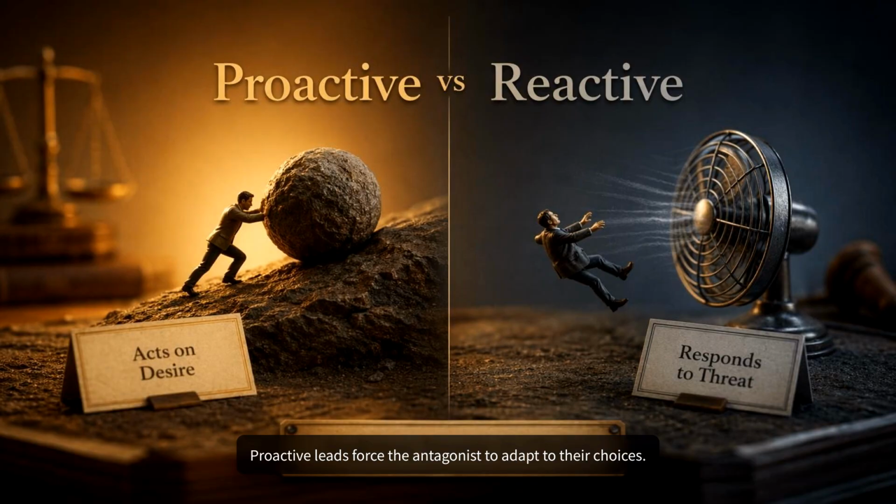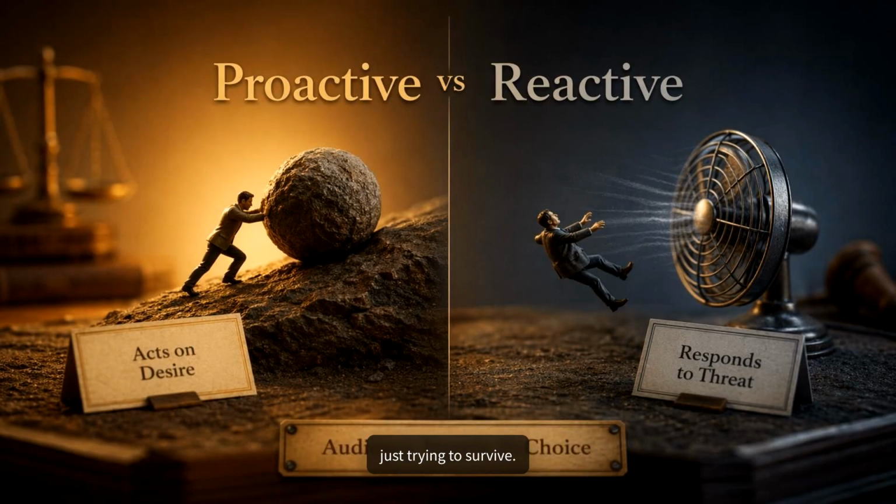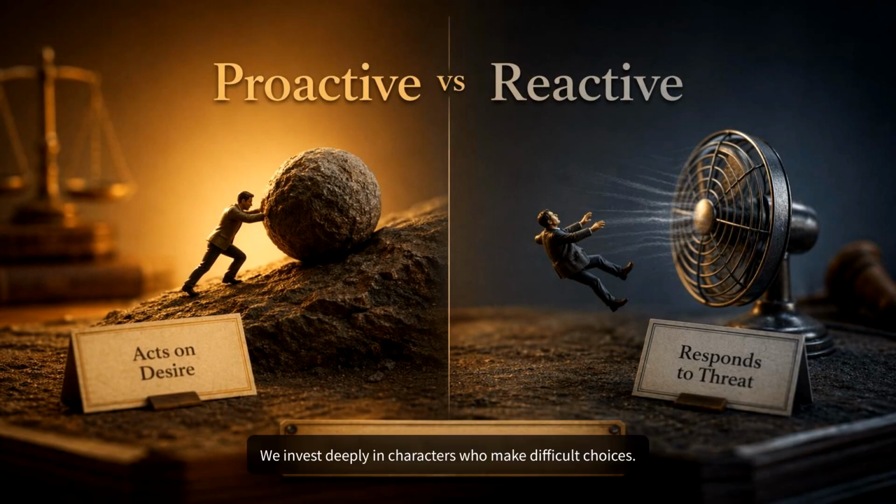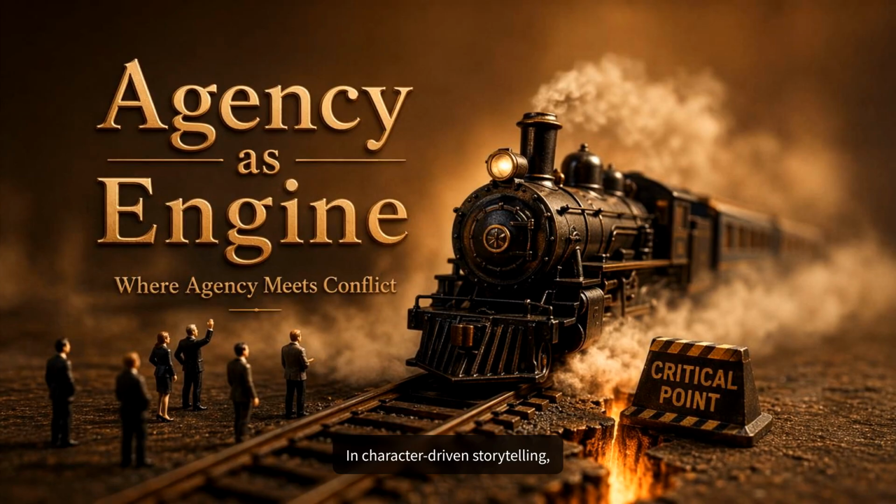Proactive leads force the antagonist to adapt to their choices. Reactive leads are constantly on the defensive, just trying to survive. This also shapes audience engagement. We invest deeply in characters who make difficult choices. In character-driven storytelling, a proactive lead isn't just preferred. It is the engine of the narrative.